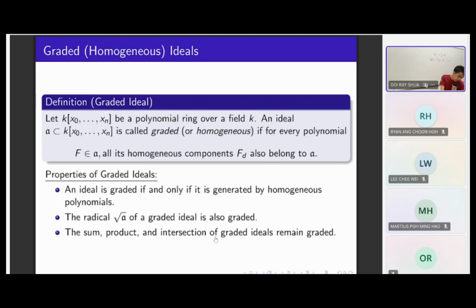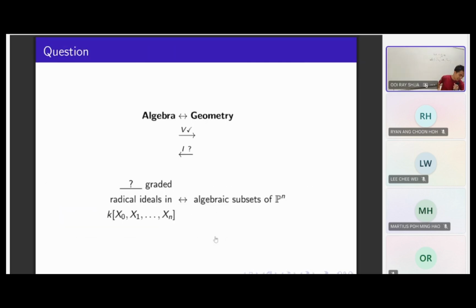So that's the first direction: we have shown that it's graded. That's one extra property we need if it's an algebraic subset of Pn: the corresponding ideal has to be graded.